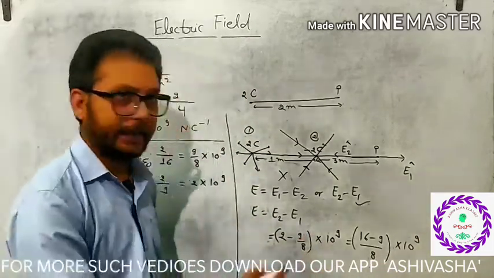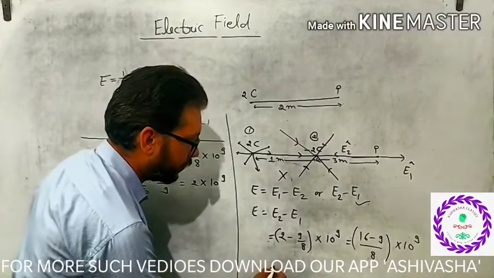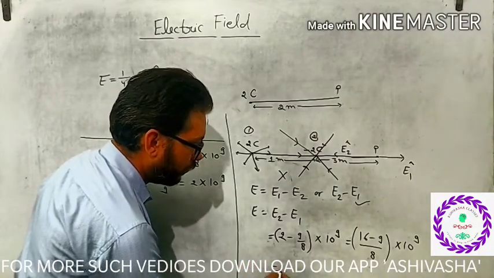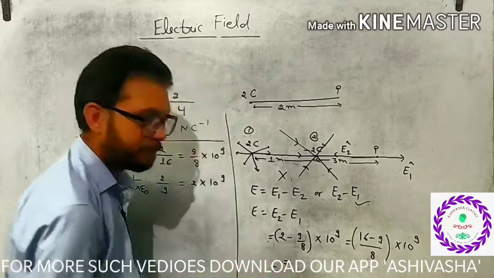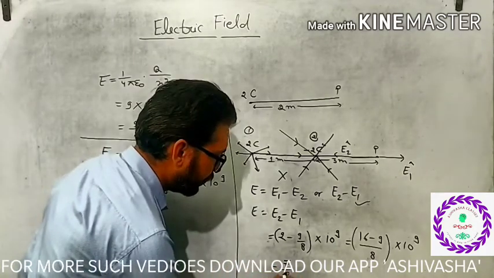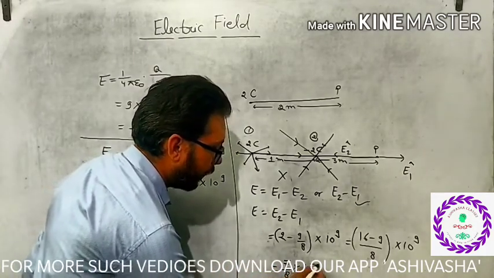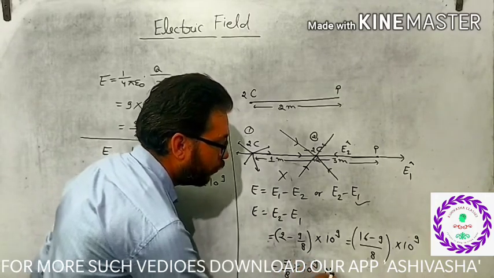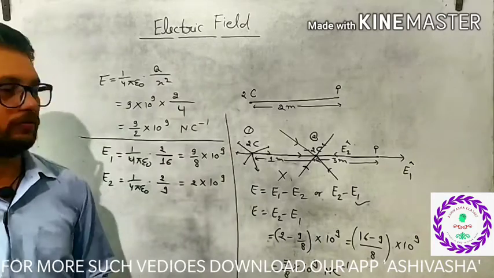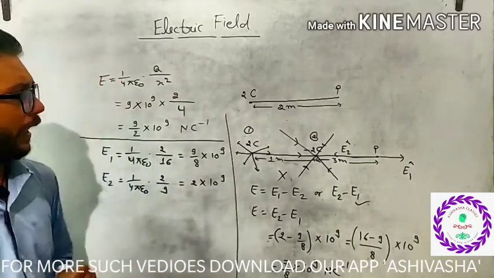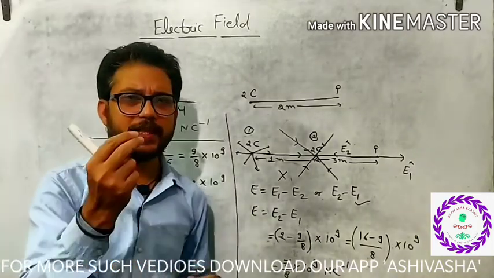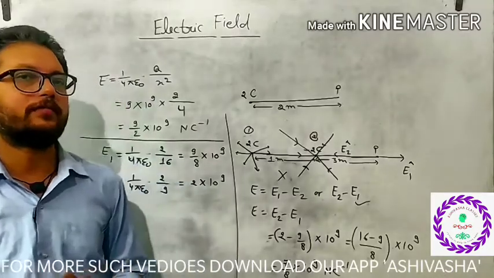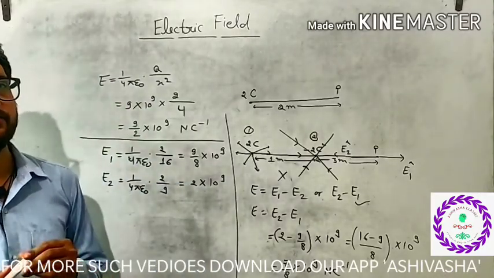So it can be solved as 7 upon 8 into 10 to power 9 Newton Coulomb inverse. So I hope these are the basic questions based on the electric field.